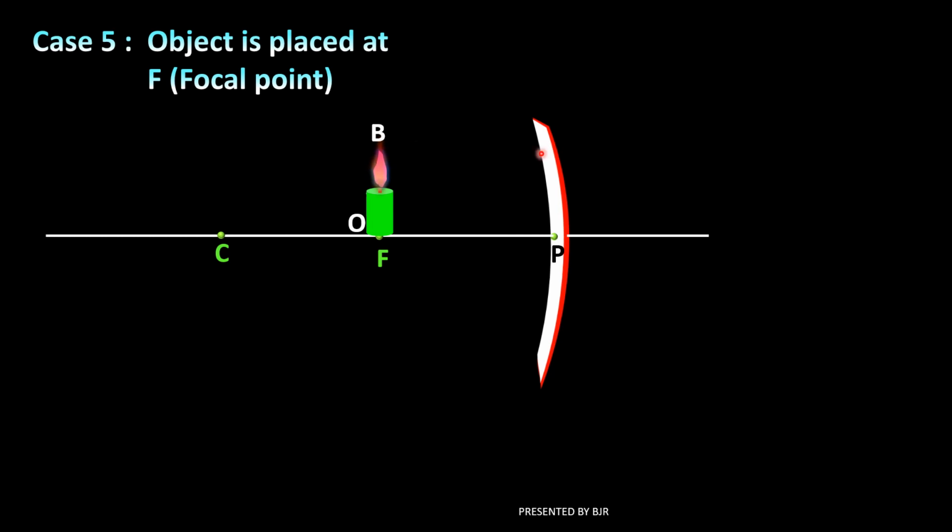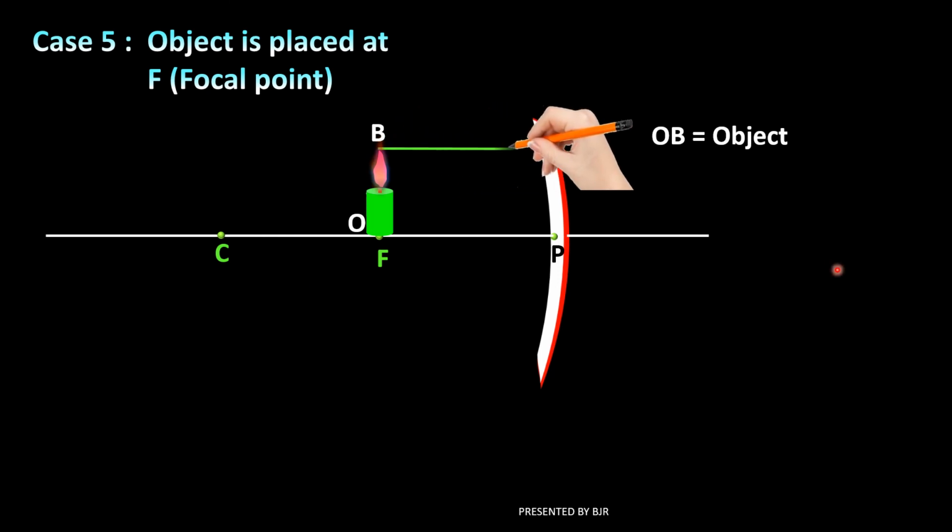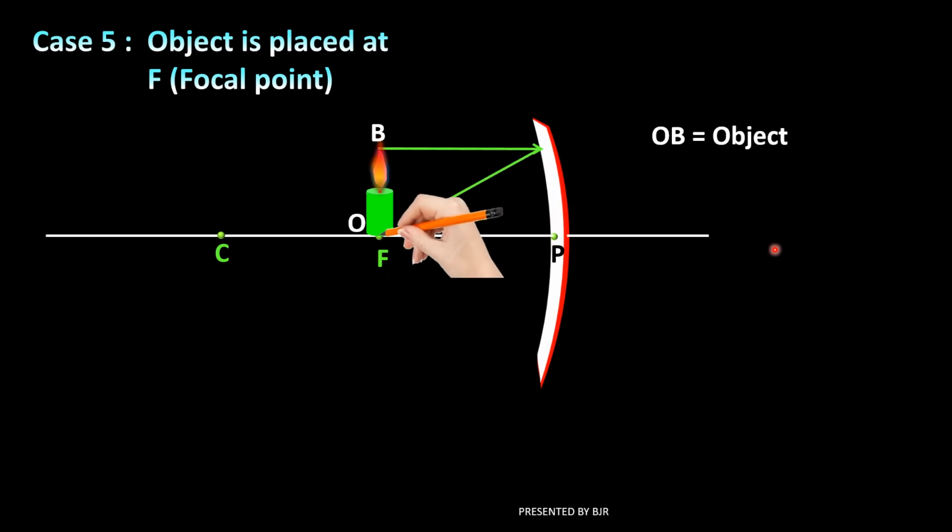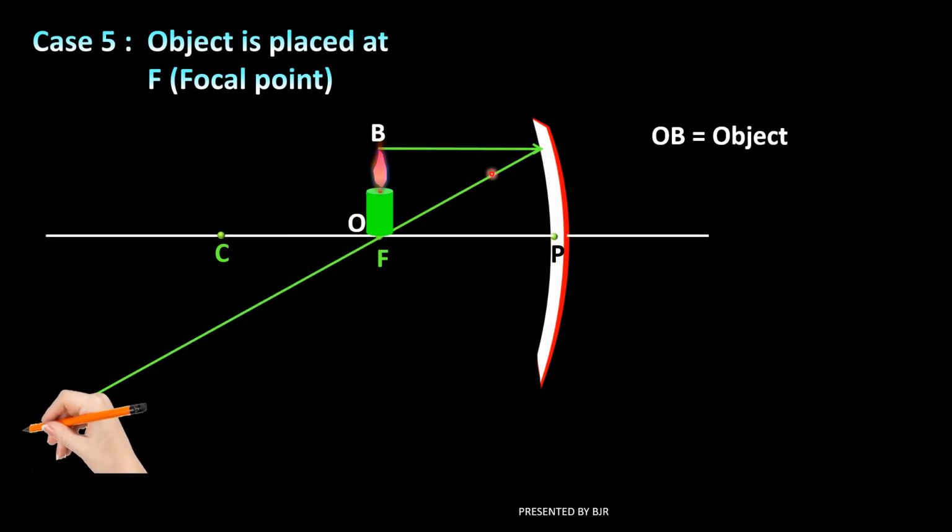After reflection, it will pass through the focal point like this. This is the first ray I am drawing. Okay, and it will get reflected here, and the reflected ray will pass through the focal point. This is the first ray.